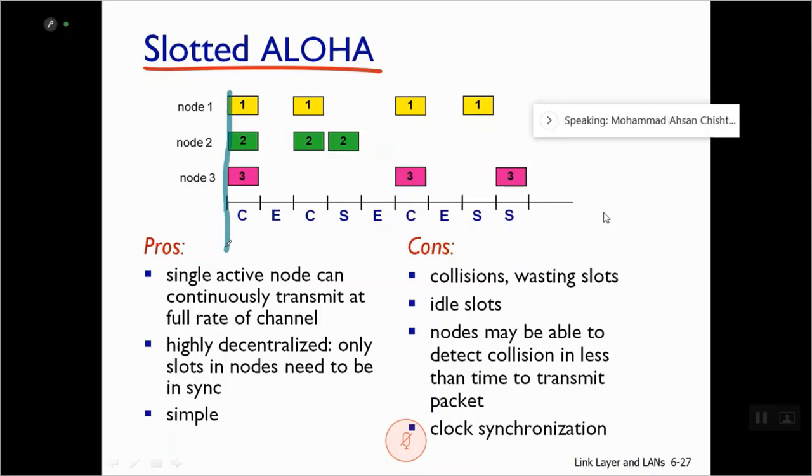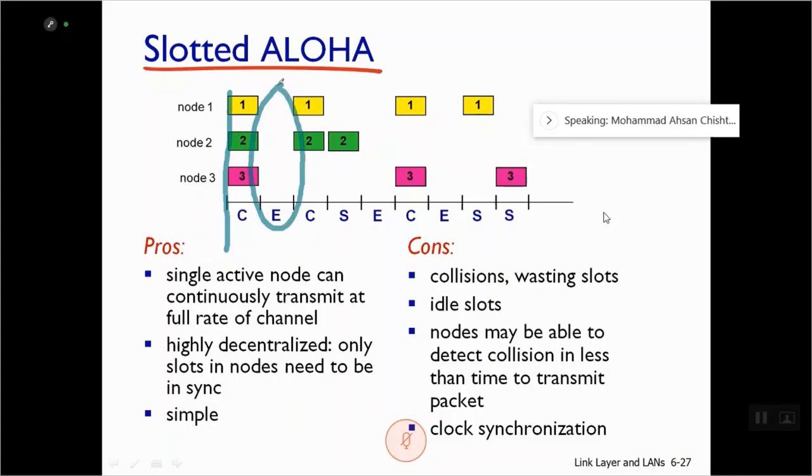When the collision happened, there was no successful transmission. We have C here. All the 3 nodes randomly decide that, okay, we will not send in the next one. So in this case, we have an empty slot, E.